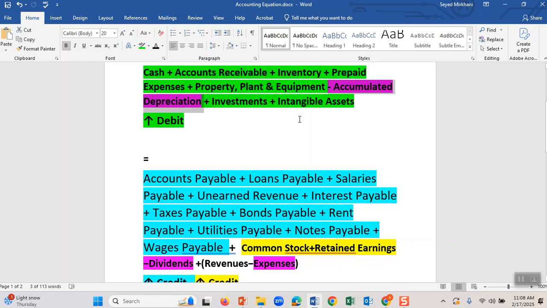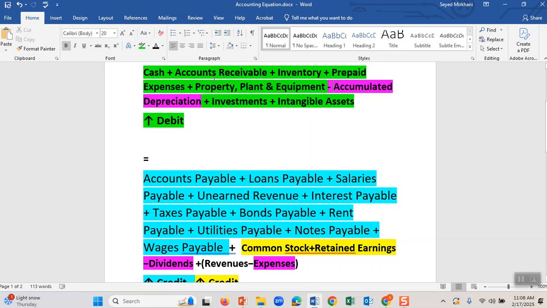If you look here, everything has a plus sign, but this particular thing has a minus sign. Therefore, it has to be marked as a different kind of thing.